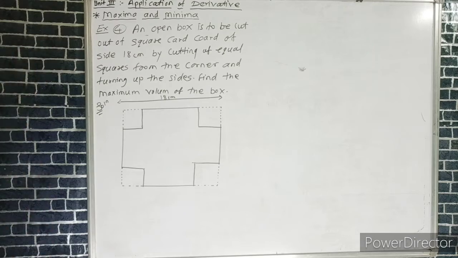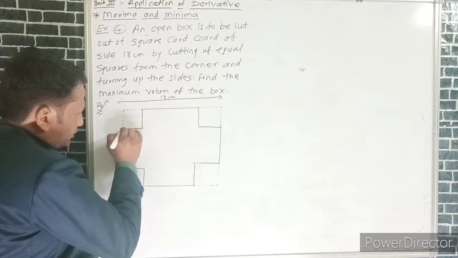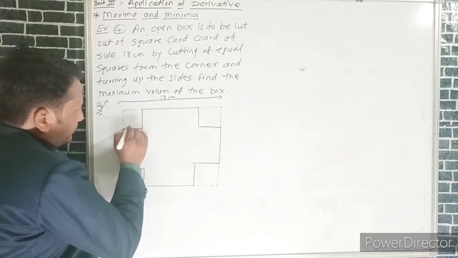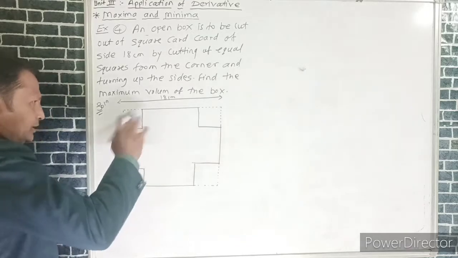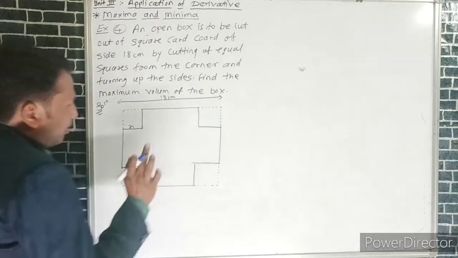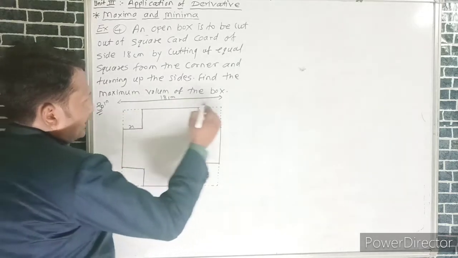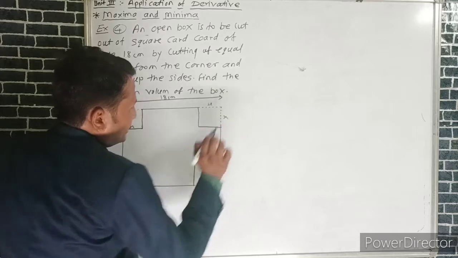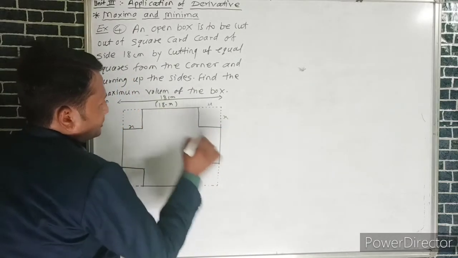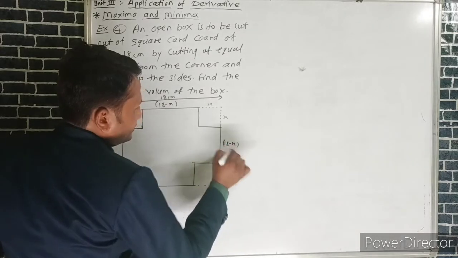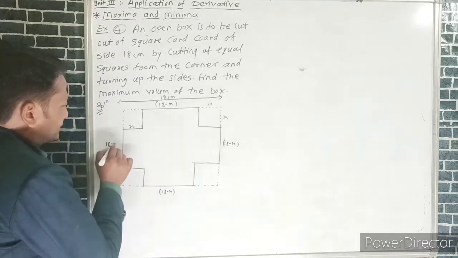If we consider each side of the square being cut as x, then each side of the square cardboard is x plus x, which is 18 minus 2x on each side.